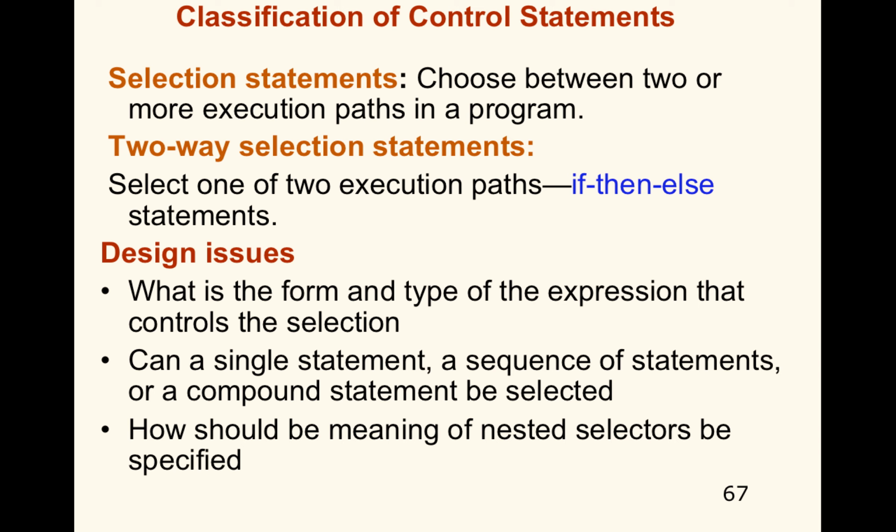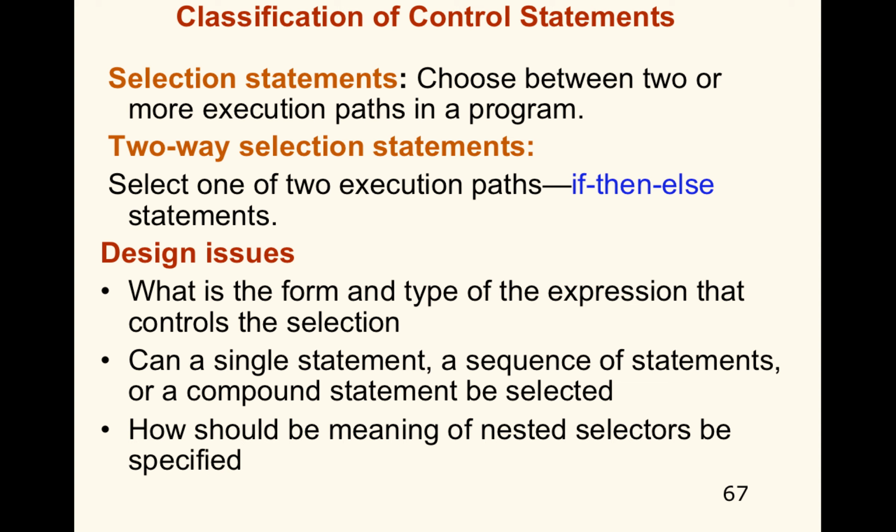You could have if, else if, else if, else if, and then I don't know how many else ifs, but that would be 3 or 4 or 5 different paths. So the ways of exiting are the paths that can be taken to exit out of the structure. You select one of two paths in a two-way if you have if, then, else, and you don't have an else if in there, then you can have more.